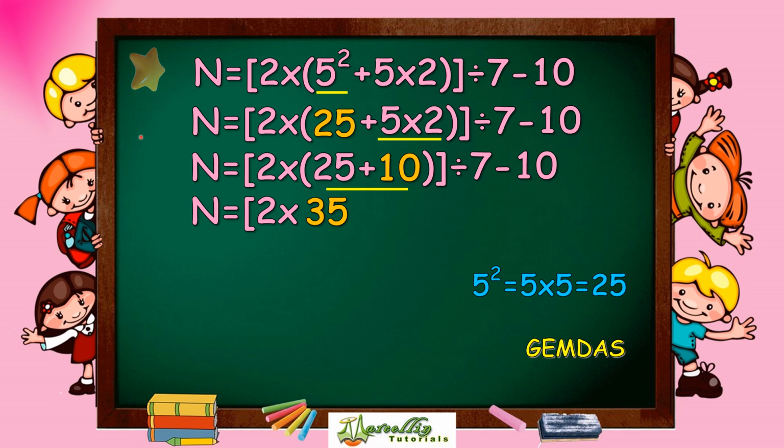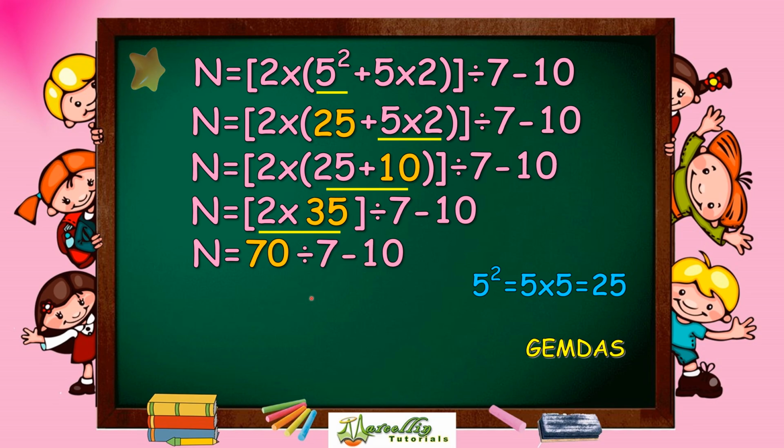Then let's copy the numbers on the right. Next, let's solve the remaining group, which is 2 times 35. That is 70. Then let's copy the numbers on the right.